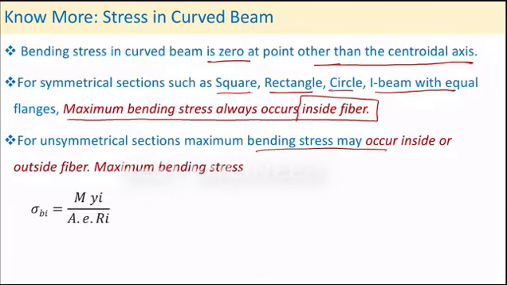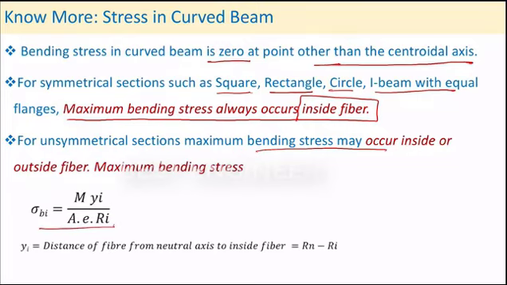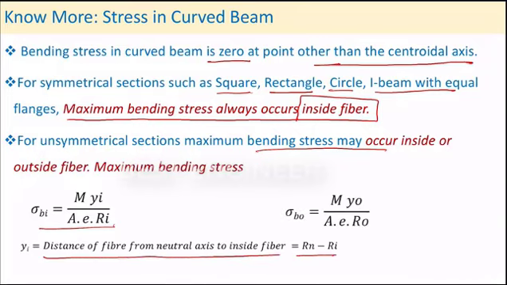For the inner fiber, we can calculate using this formula, where Yi is the distance from the neutral axis to the inside fiber. And for the outer fiber we can calculate using this formula, with the only difference being Yo and Ro.